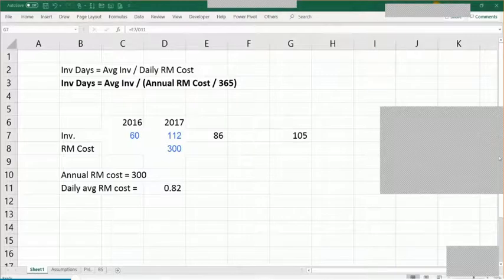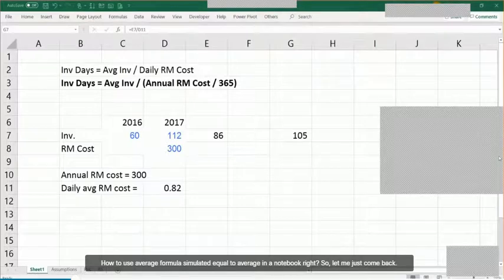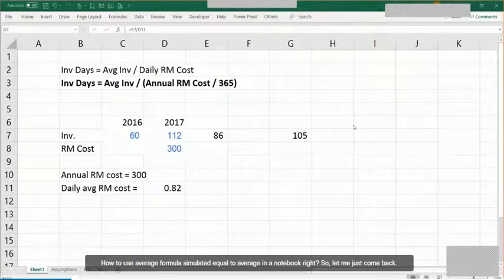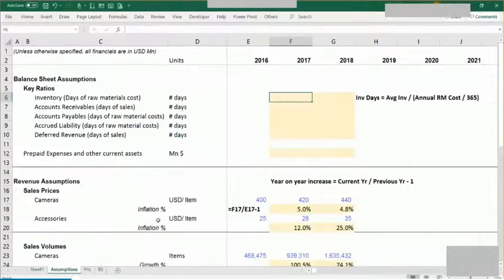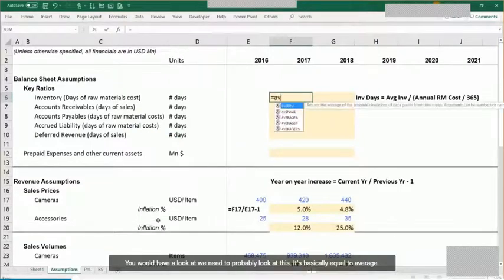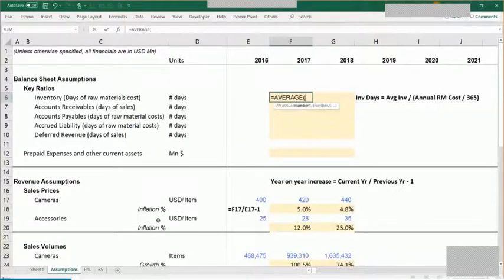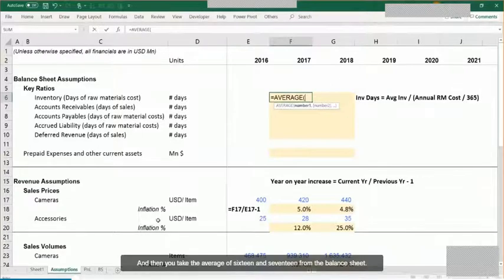So how to use the average formula? You simply write equal to average and it will work. Let me come back here and write that formula for you. It's basically equal to average, and then you take the average of 16 and 17 from the balance sheet.